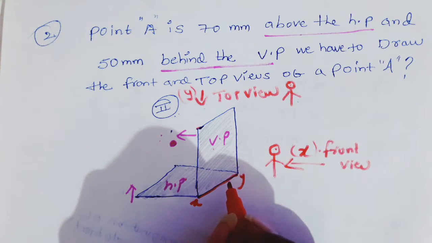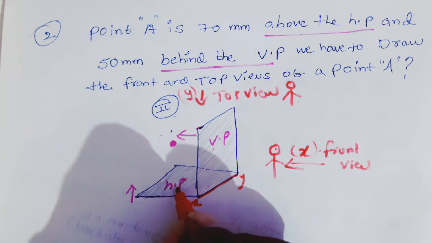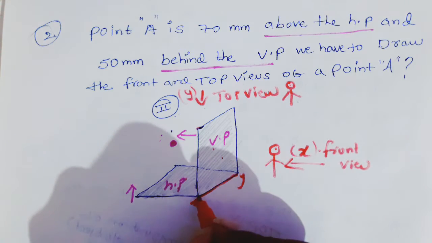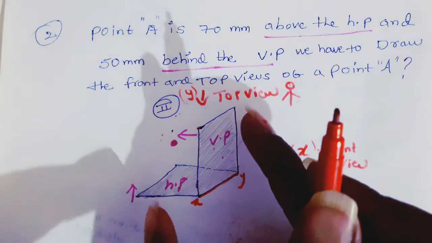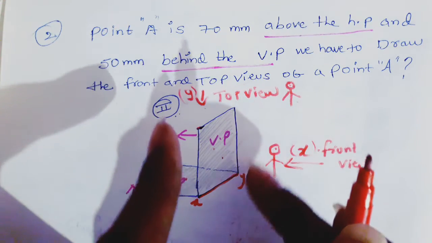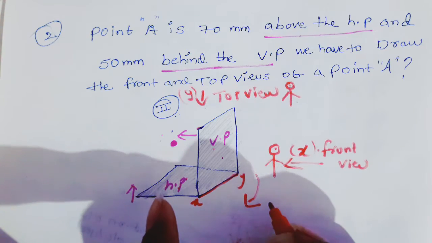That's why you have to turn this HP plane with respect to VP. That means you have to turn this position of HP and VP through an angle of 90 degrees.